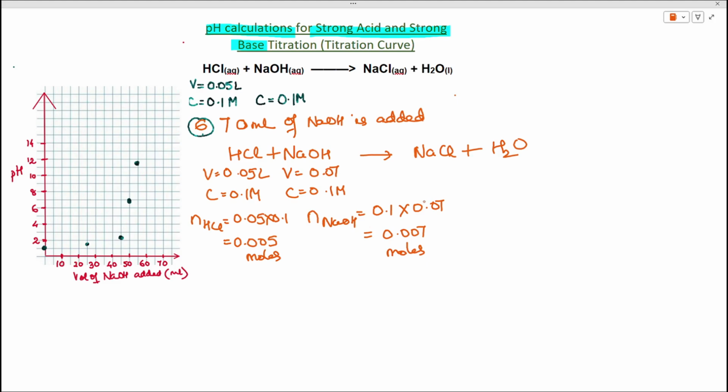Again, the number of moles of the base are more, and so we'll figure out the number of moles of NaOH which are in excess. So those are equal to the number of moles of the base, subtract the number of moles of the acid. So we get 0.002 moles of NaOH which are in excess. Now we'll find the total volume.